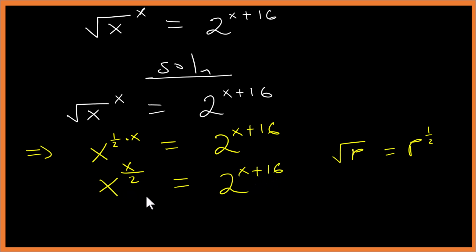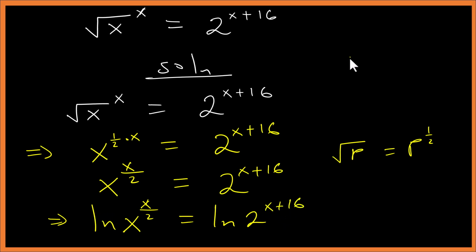All right, now the next step is to bring the powers down. We can only do that by taking natural log on both sides. So that'll be ln of x raised to x on 2 equals ln of 2 raised to x plus 16.